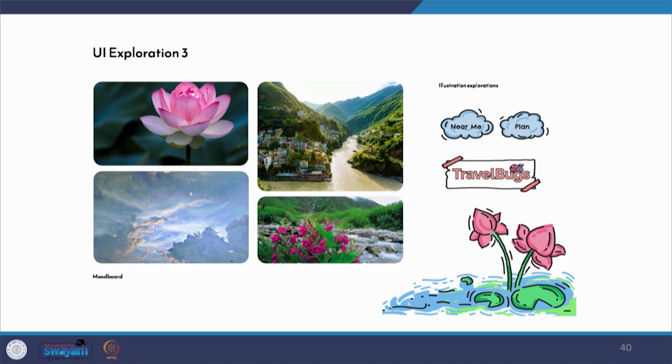Then coming to the UI exploration 3. Now this is another exploration where they have explored different types of illustrations, taking inspiration from these natural images and coming up with more illustrations.